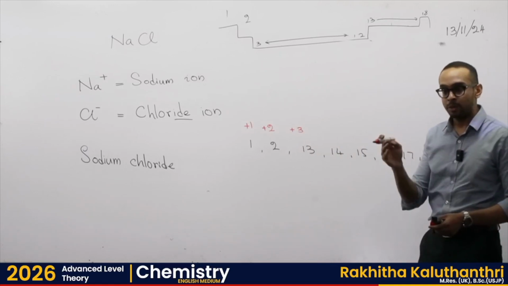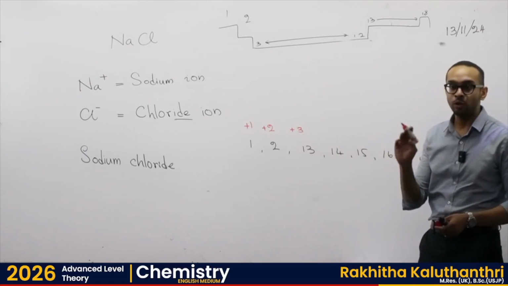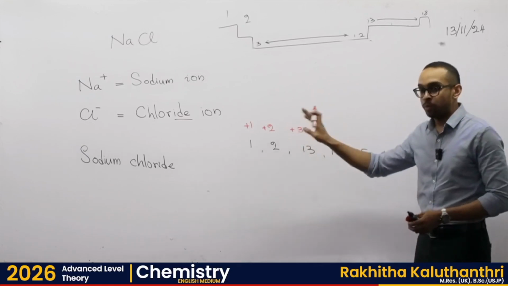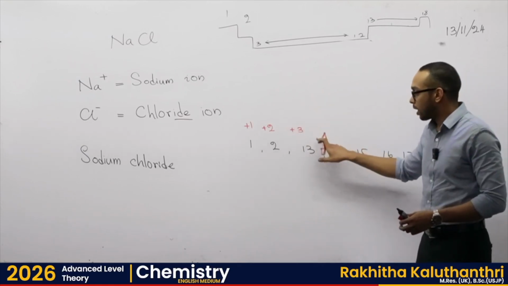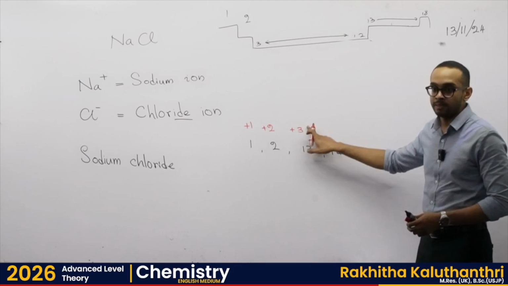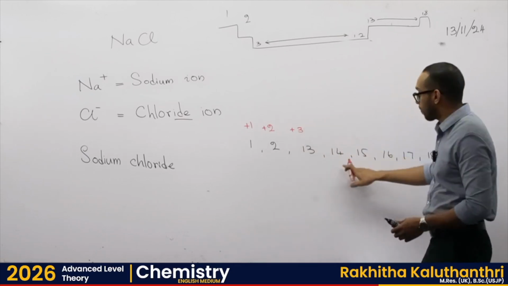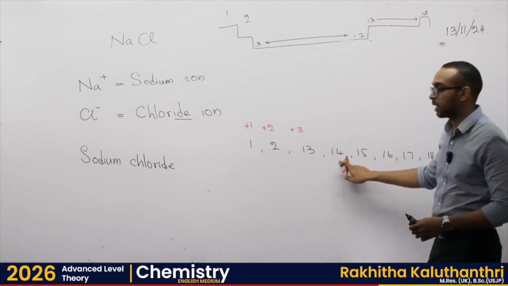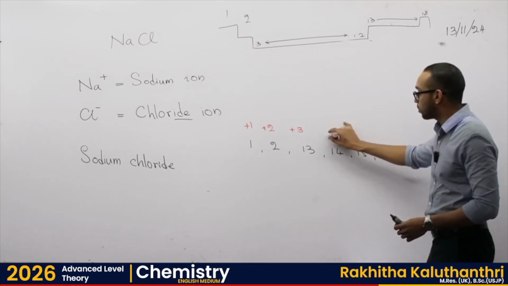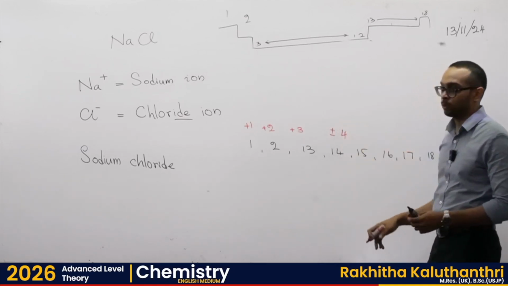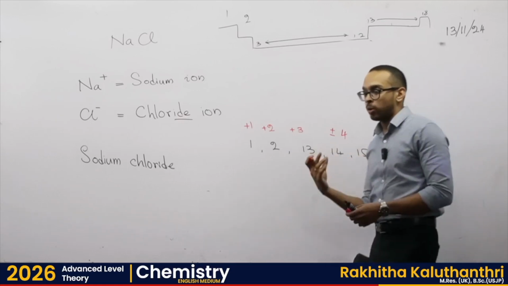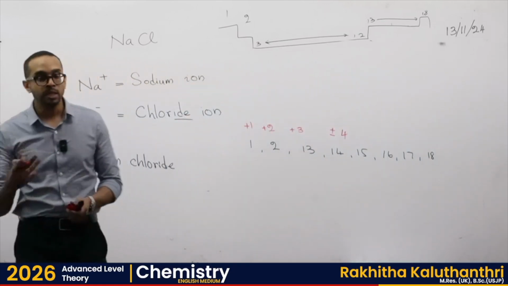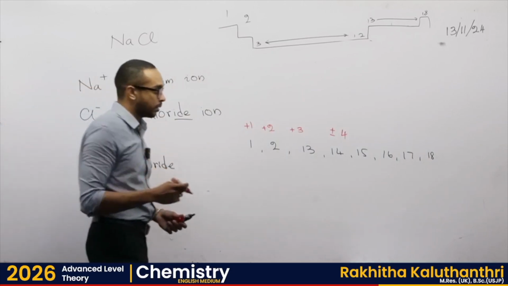Right, period 2 and period 3. We rarely go below that. When it comes to period 2, period 3, group 13 elements form +3 charged ions. And when it comes to group 14, this is where carbon and silicon are. They can share electrons, so we just write + or -4. They can sometimes form oxidation states of +4 or -4. It depends on the compound they are dealing with.